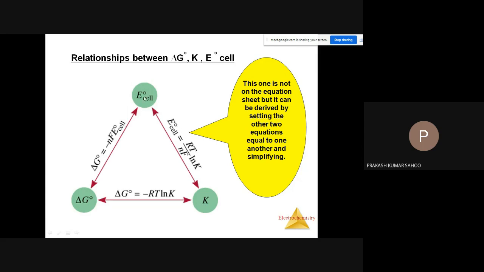That is, E0 cell to K: E equals RT by NF ln K. If it is del G and K, del G equals minus RT ln K. If it is del G and E0, del G equals minus NFE0. How to get this equation? By correlating minus NF E0 cell equals minus RT ln K. Then E0 cell, minus minus cancel, we will have RT by NF ln K.